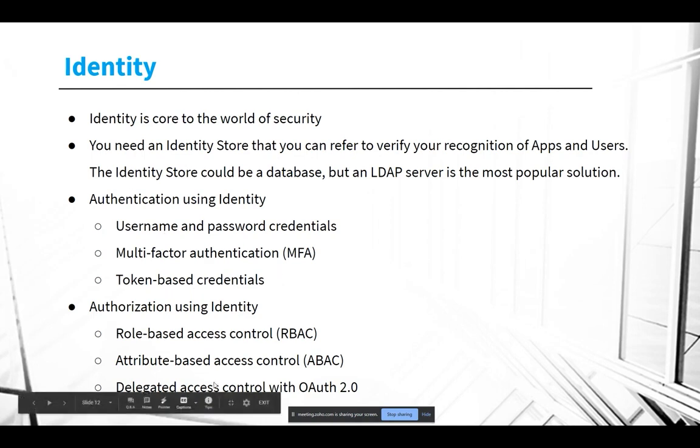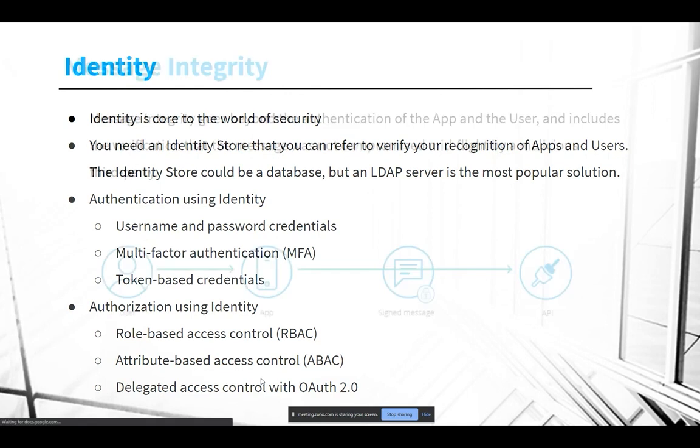With delegated access control, you can also have a scope attached to your token. With those scopes, you can authorize yourself for what kind of access you can be granted. We can discuss how we will implement this in the next few slides.